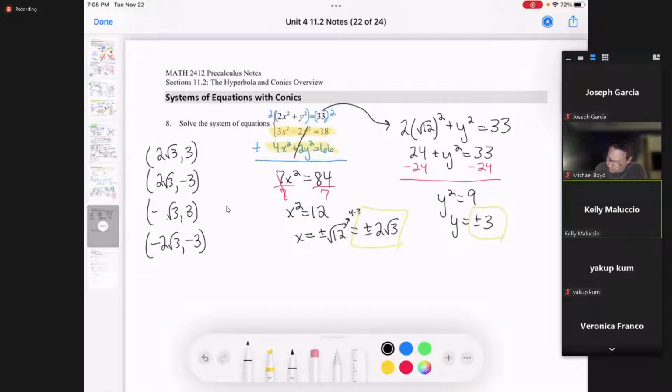So basically every combination of these, and if you were to sketch this on a graph, the 4 solutions would be, okay, like maybe here, here, here, and here. Okay, this is not a good sketch, but it would be something like this.